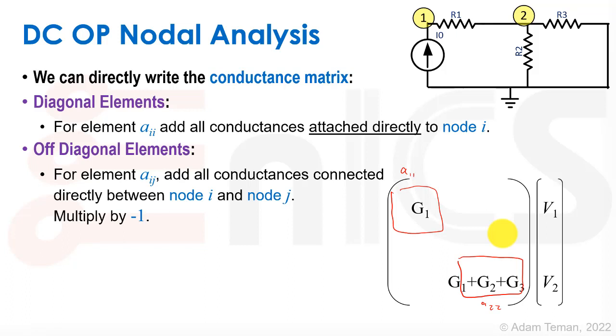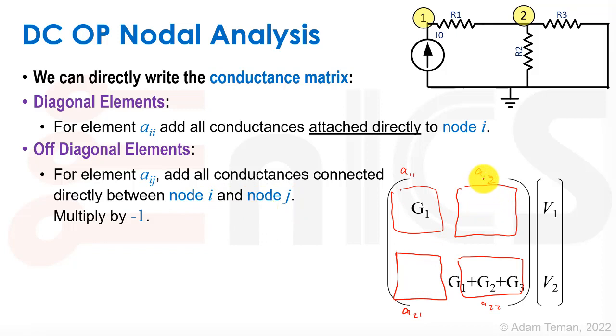Next, we're going to go for the off-diagonal elements. For Aij, we add all the conductances connected directly between node i and node j and multiply by -1. So this is going to be A12, and this one over here is going to be A21. We have a symmetric matrix because A12 and A21 are between node i,j and node j,i, and it's the same.